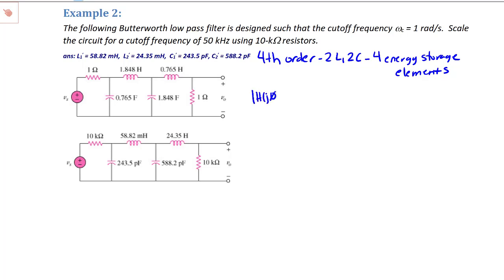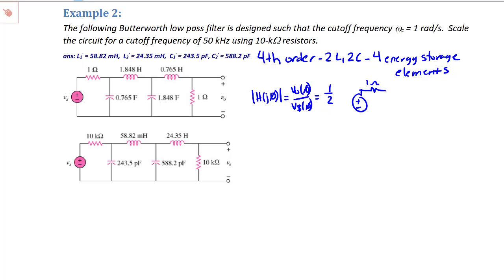How do we know it's a low-pass filter? Well, you look at the magnitude of H of j omega as the frequency goes to 0 and as it goes to infinity. As it goes to 0, we get 1/2. Remember, frequency of 0 is DC conditions.